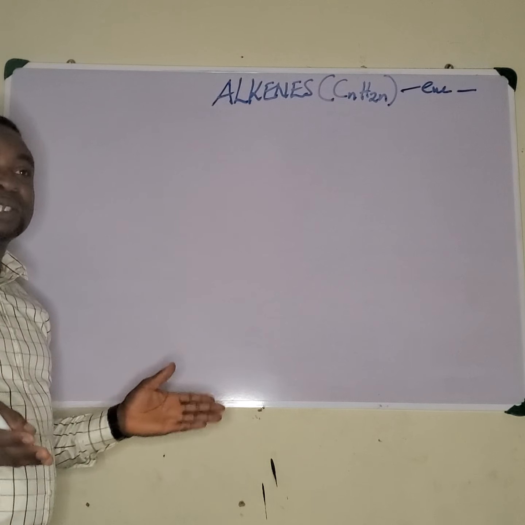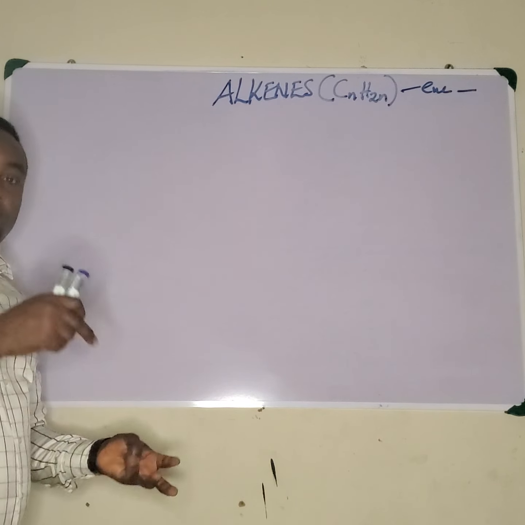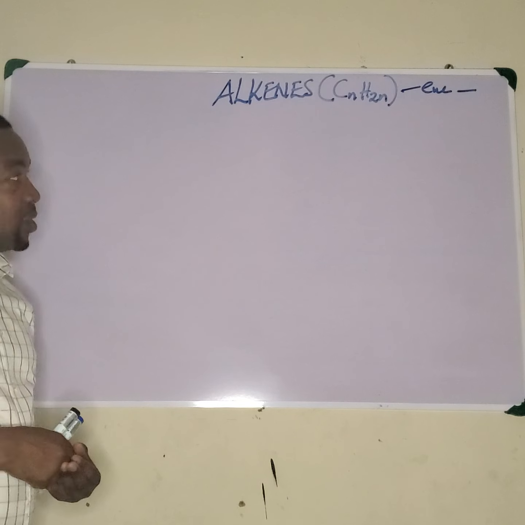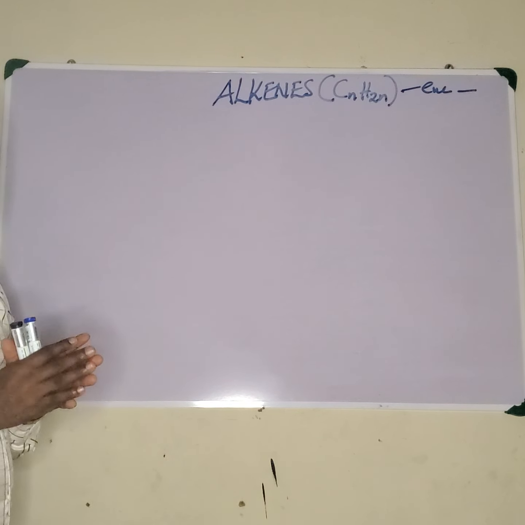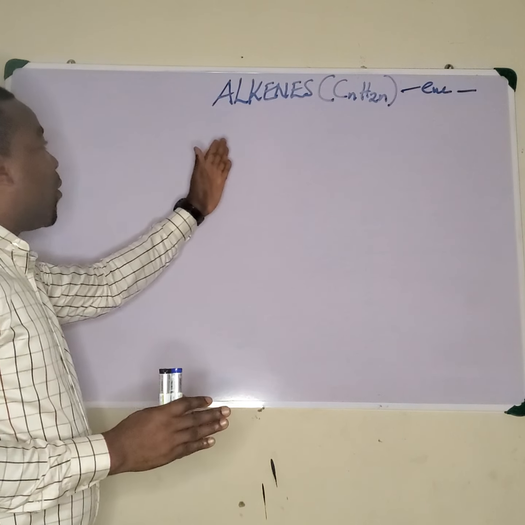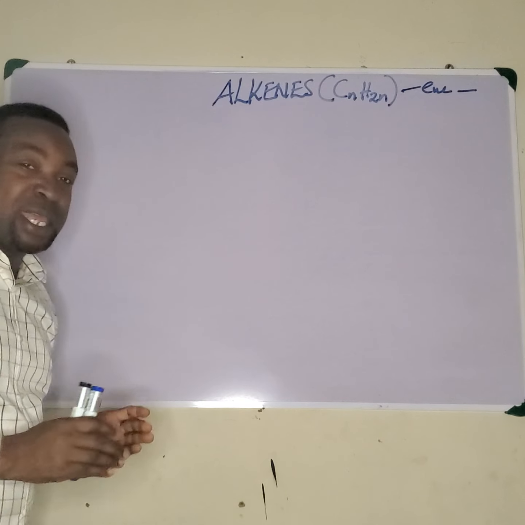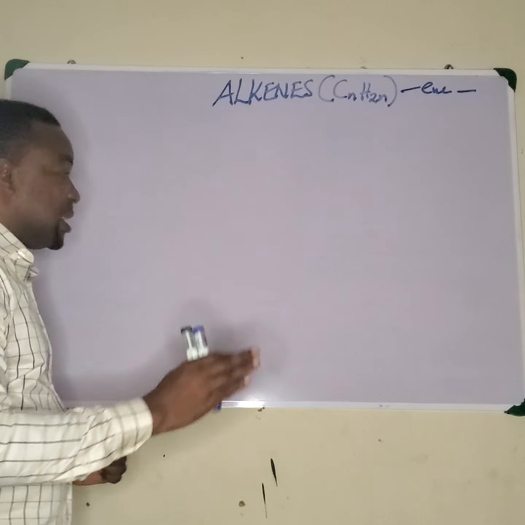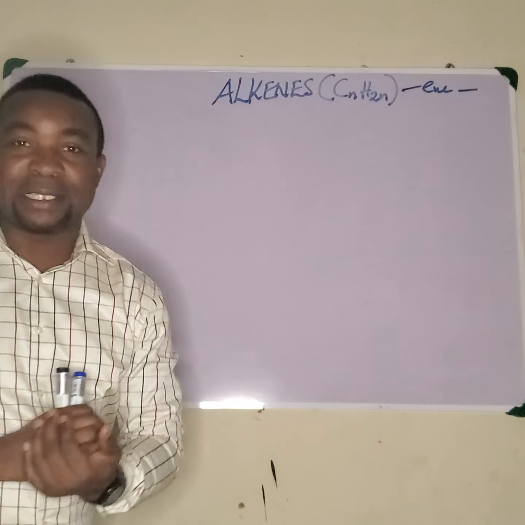Please try to differentiate the general formula between alkanes, alkenes and alkynes. So this one has CnH2n. If the general formula for alkenes is CnH2n, then it is very easy for us to get the members of alkenes.